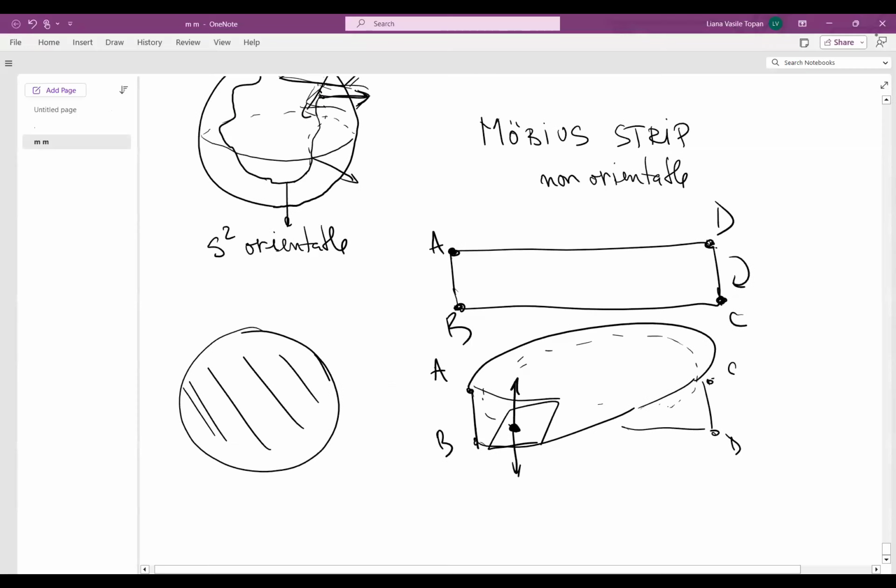Then you can orient this ball, and the orientation on the ball will give an orientation on the boundary, which is a sphere, right? And they are compatible, right? So we can work with them. Okay, we'll see a little bit tomorrow. But anyway, we won't go into details about the orientation.